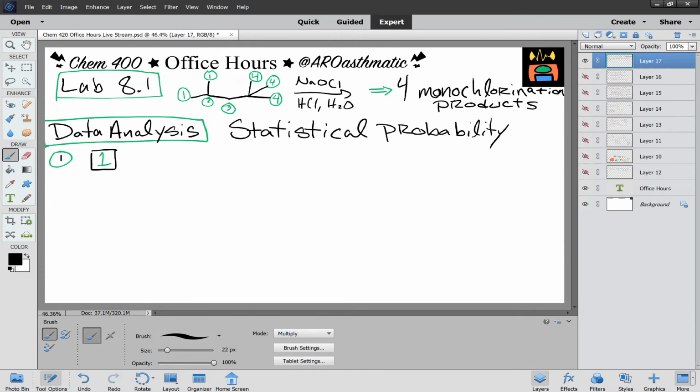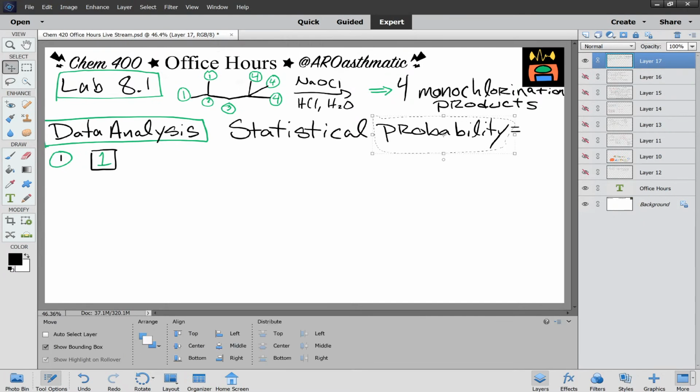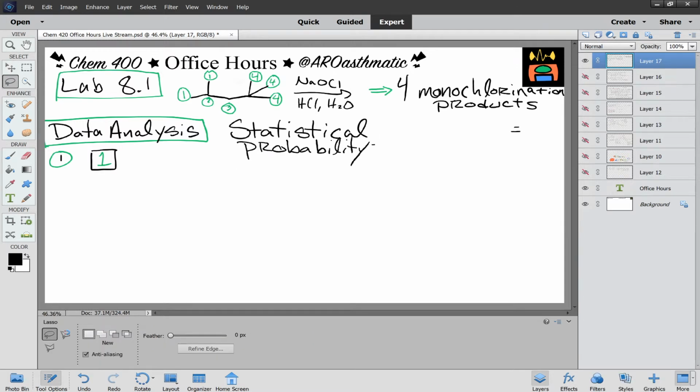Let me make better use of this space. That's where the lasso tool, there's nothing like it on a whiteboard.